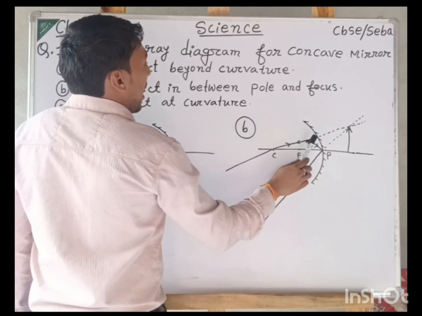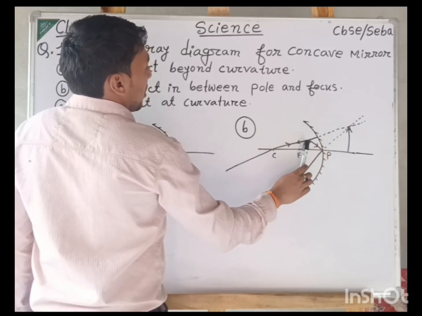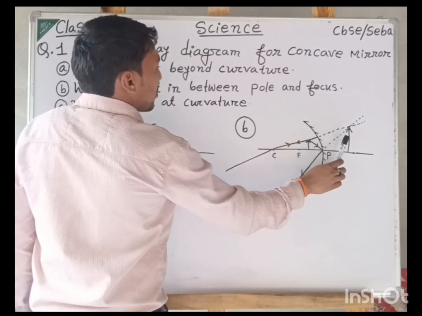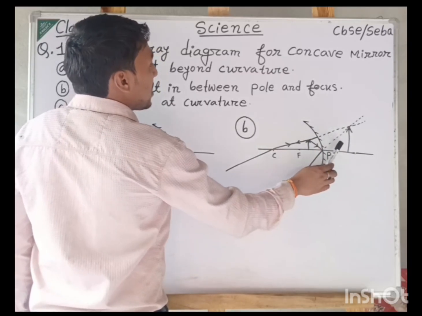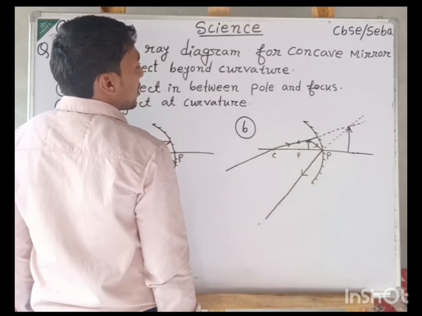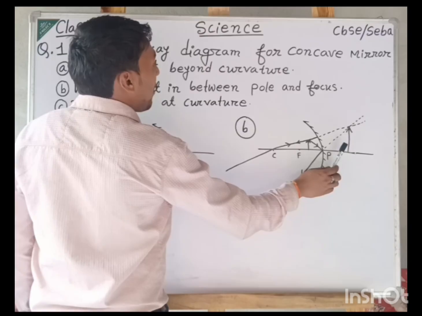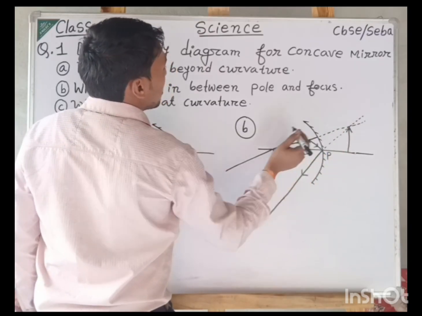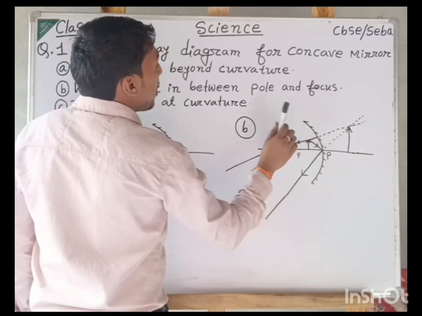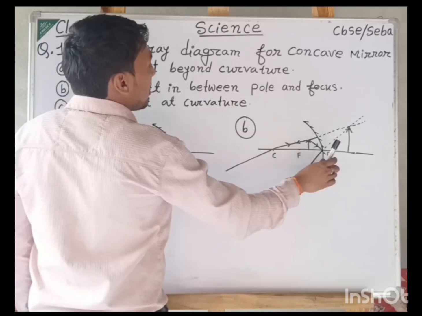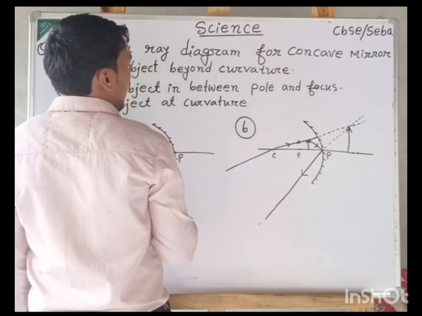And the object and image are both erect. So this type of image is called a virtual image. Virtual images are imaginary and formed by extending lines like this dotted line. This is the imaginary line and this is known as the virtual image.